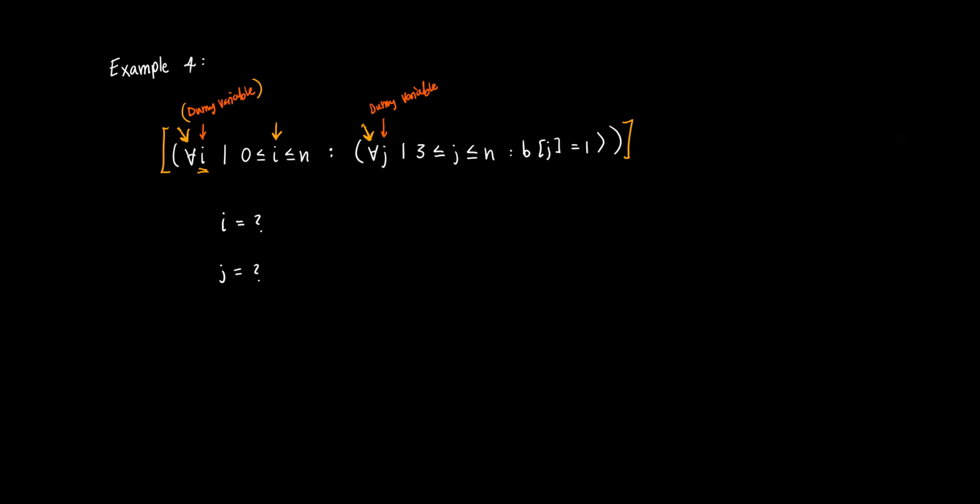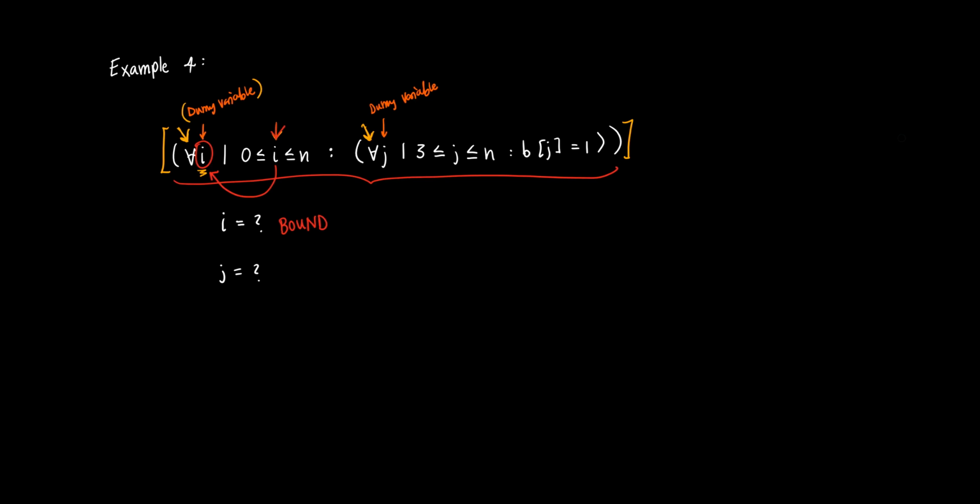This means that i is a dummy variable, which means that all occurrences of i within the scope of the quantification are going to be bound to dummy variable i. In this case, the quantification is quite large, but all occurrences of i within this entire scope would be bound to this dummy variable. What that means for our occurrence of i right here is that this i is actually bound to that dummy variable i. So that occurrence of i is bound.